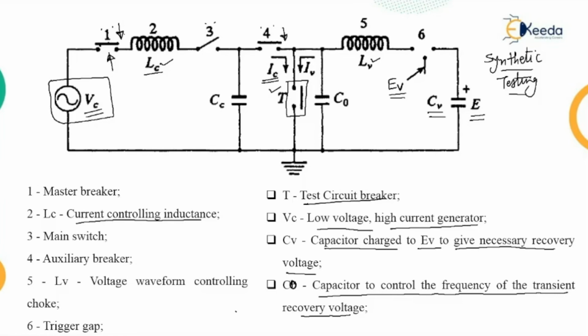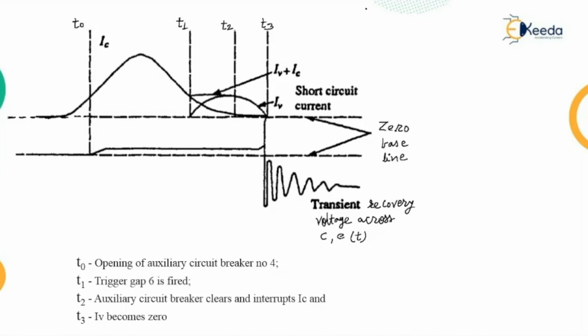Let me show you this particular diagram where we have T0, the time. At some instant T0, the test circuit breaker T begins to operate, and the master circuit breaker 1 becomes ready to clear the generator circuit.